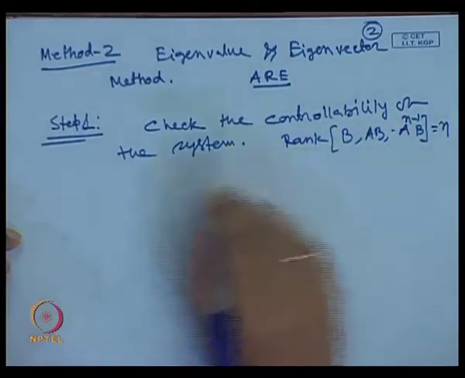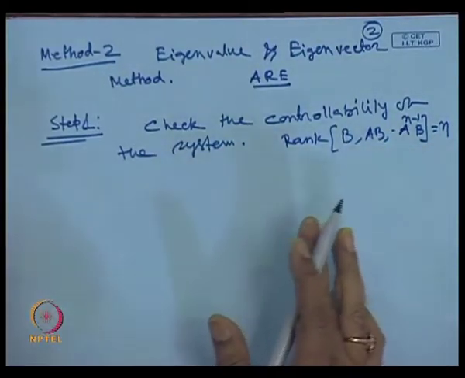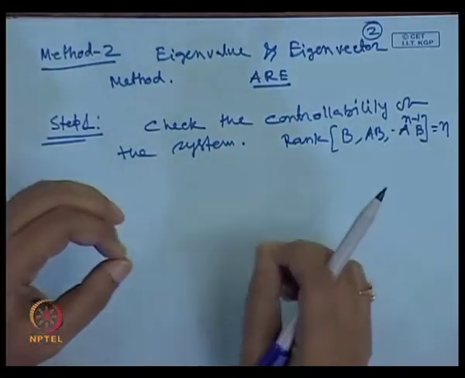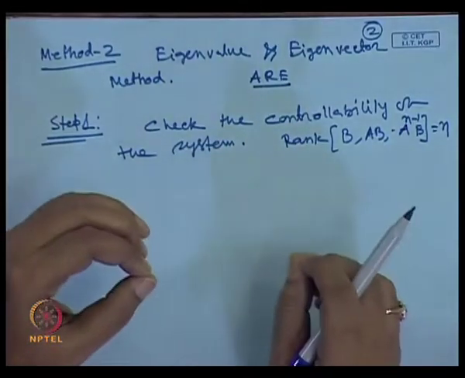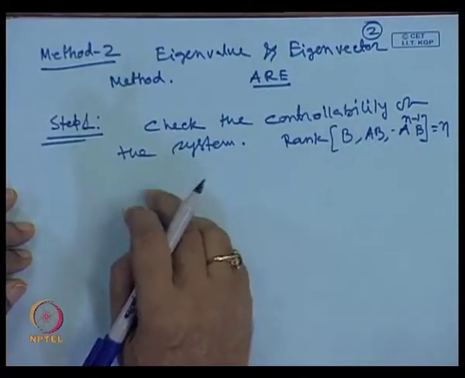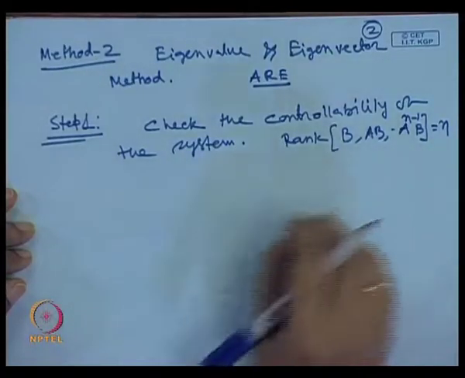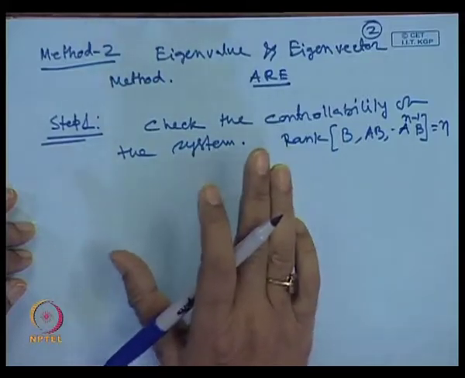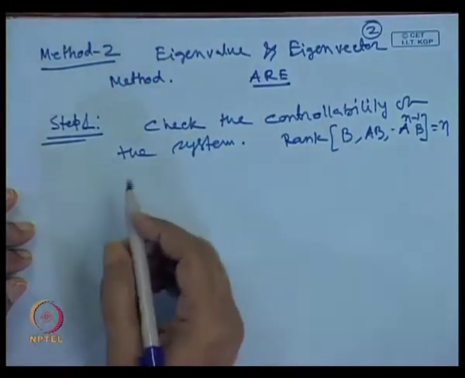If it is n, then we call the system completely controllable, meaning that from the initial state we will be able to drive the state to the desired state with finite control action in a finite time. If this fails, the program will show an error message, which means we will not be able to design the LQR problem.